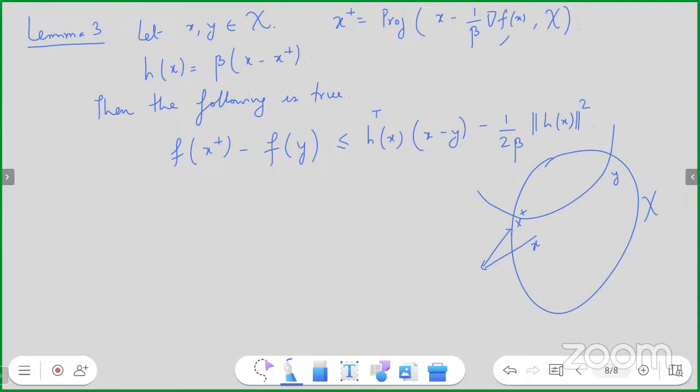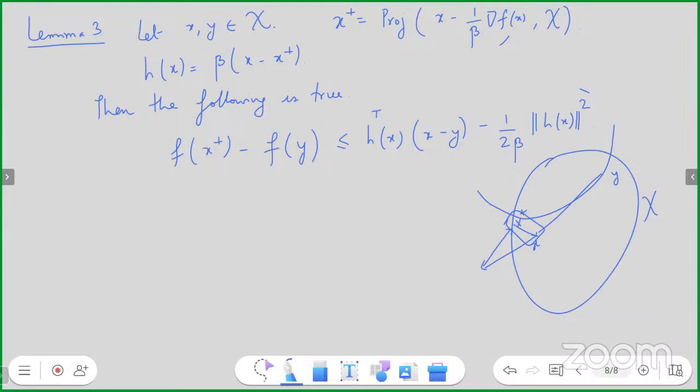This vector, x minus x plus, that's the vector which is used to define h of x. So h of x transpose times x minus y is something of an inner product between this one and this one, minus this quantity, which is nothing but the square norm of this. That's what this lemma is trying to tell you. And beta is just thrown in because of the definition of h of x.